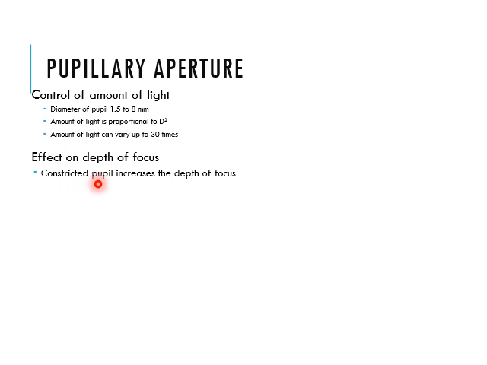Whenever your pupil is constricted, it increases the depth of focus. It would increase the focus of the image, whatever you are looking at, and it would not change much even if you move your eyes here and there, or you move your head, or you move forward or backward. All light rays pass almost through the center of the lens.